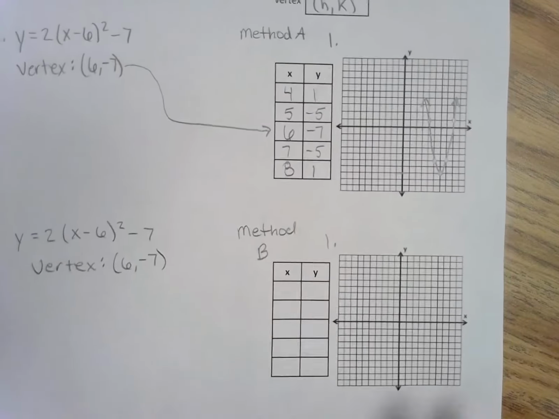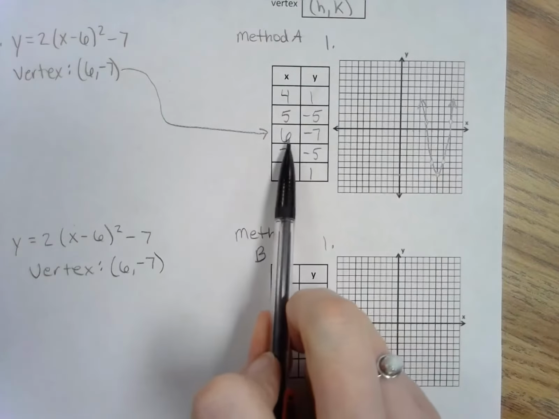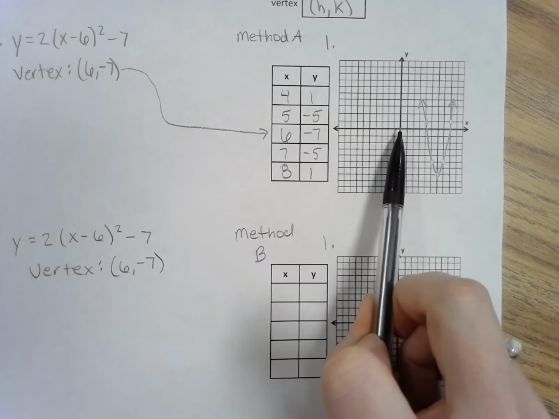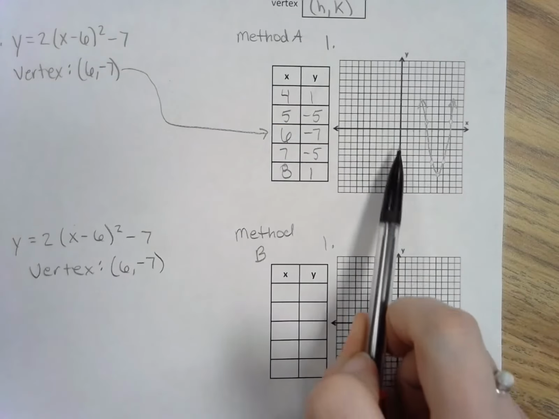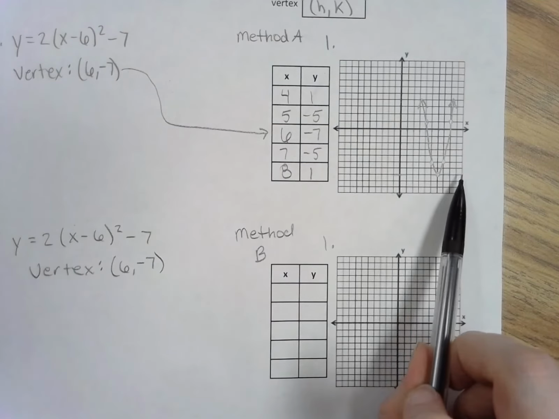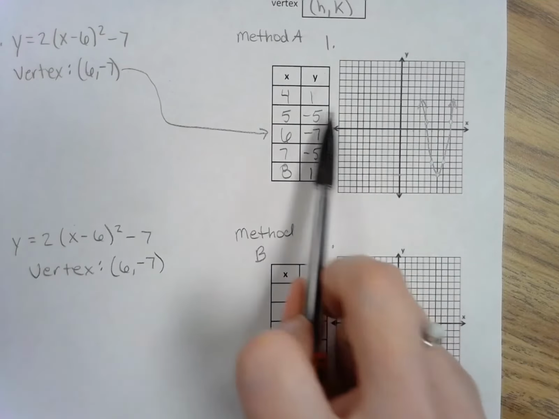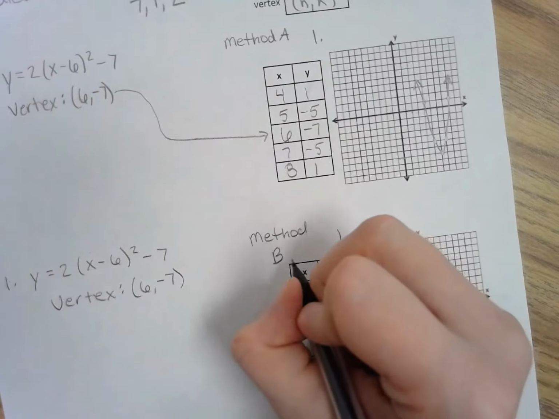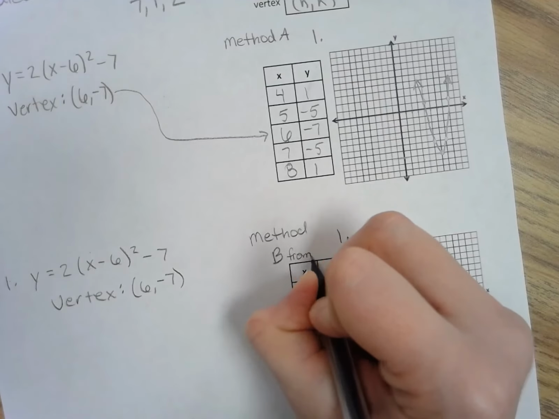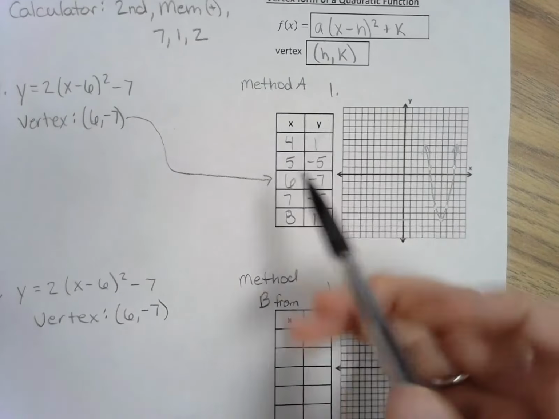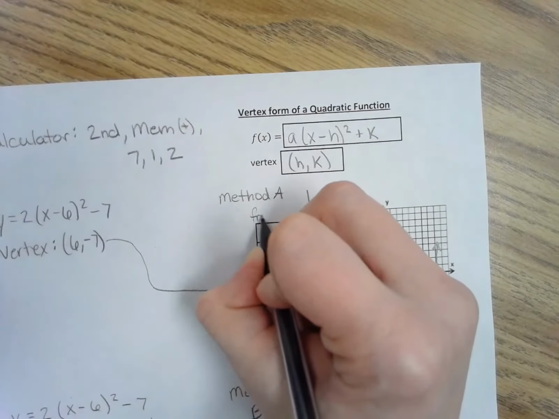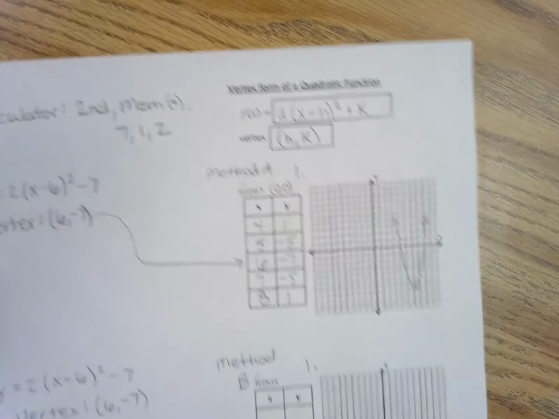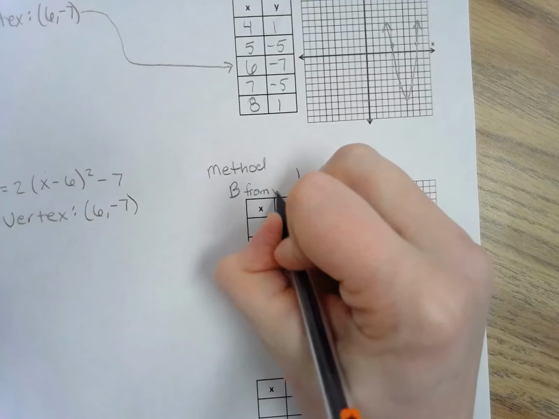When you make the table of values in method A, all of these points are counting from the vertex. So we count 6 down negative 7. We counted 5 down negative 5. So from the vertex is how you graph for method A. For method B, you're going to be graphing from, I said that wrong. This is from the origin. From 0, 0, from the origin from method A. Method B is from the vertex.